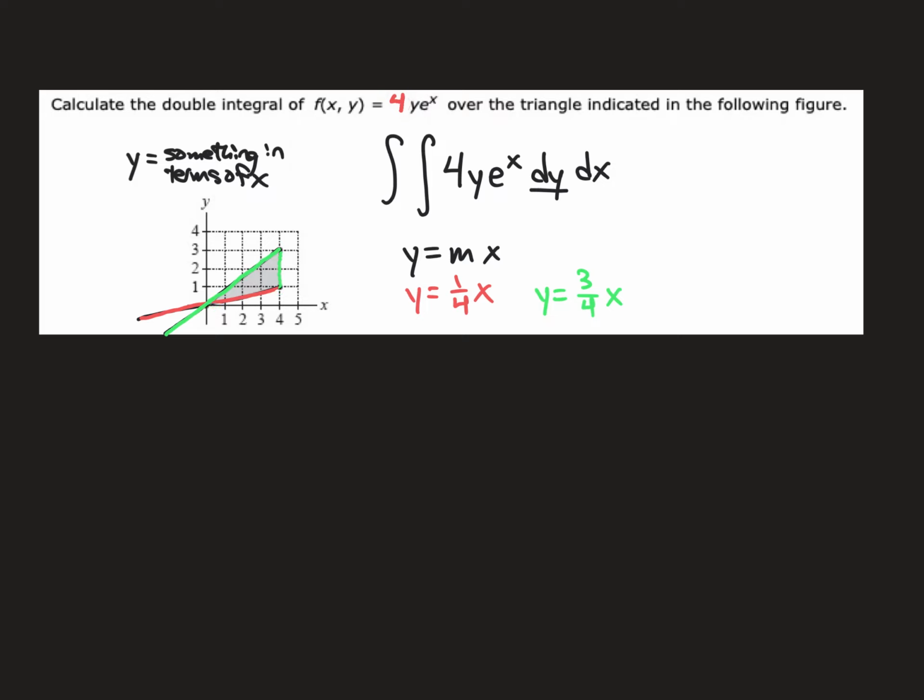Essentially what that tells the integral is that, let's set up our inner integral here. This says that we want to integrate over the region from y is equal to 1/4 x to y is equal to 3/4 x.